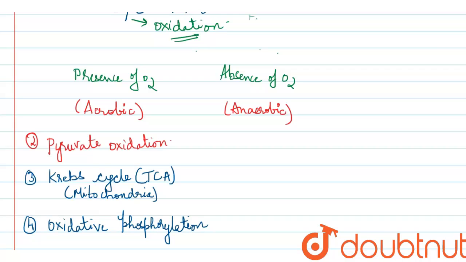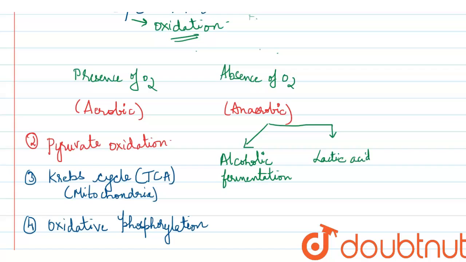Let us see the steps involved in anaerobic respiration. In anaerobic respiration, there are two types, alcoholic fermentation and lactic acid fermentation. This takes place in absence of oxygen. Alcoholic fermentation takes place in yeast cells, whereas lactic acid fermentation takes place in various bacterial cells.